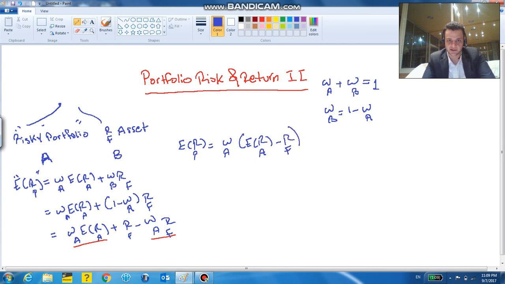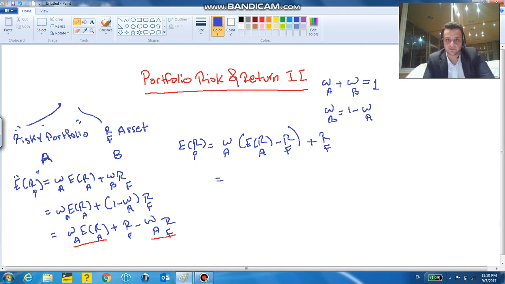Weight A multiplied by expected return A is the same as this expression, and weight A multiplied by minus risk-free is minus this whole expression. So we're left with the risk-free rate.